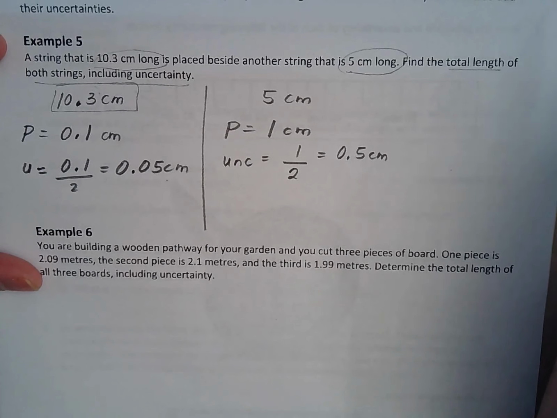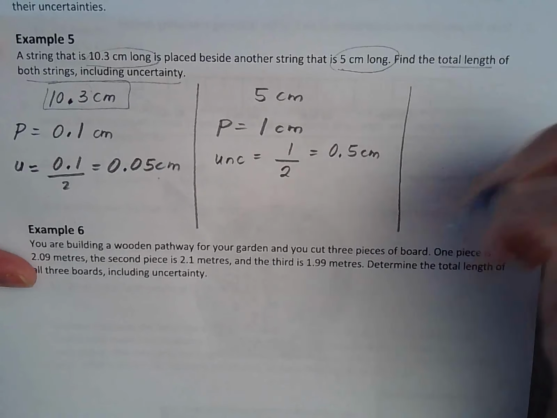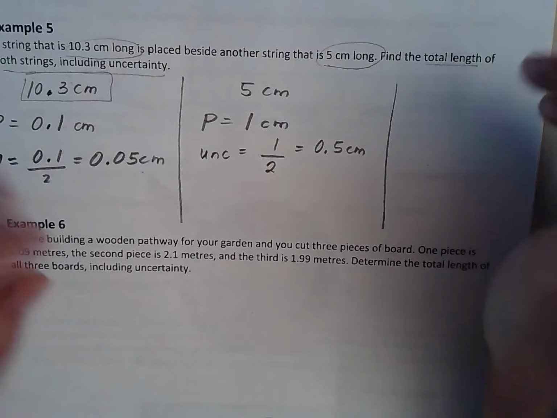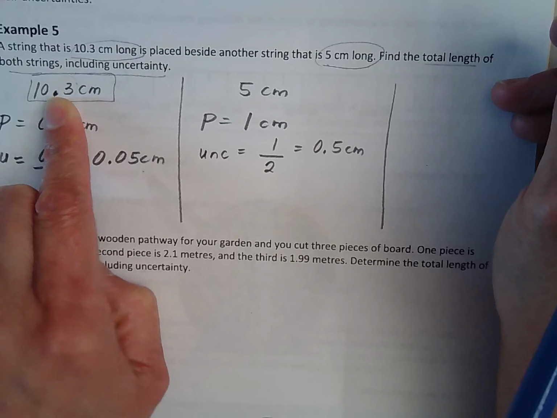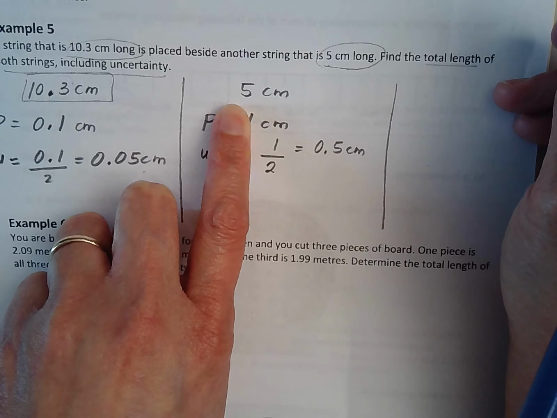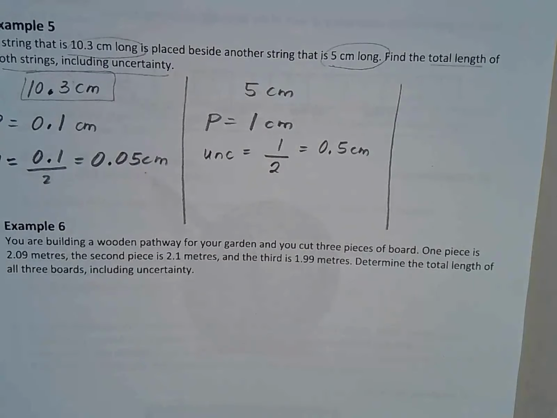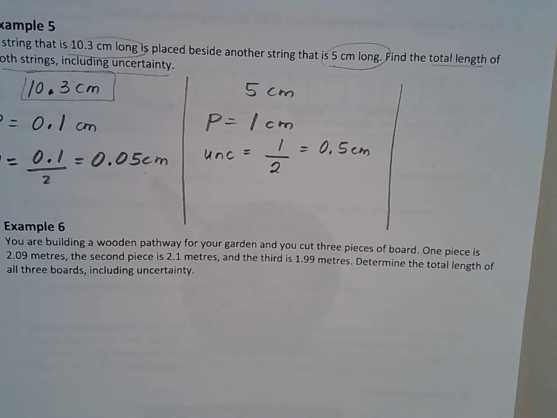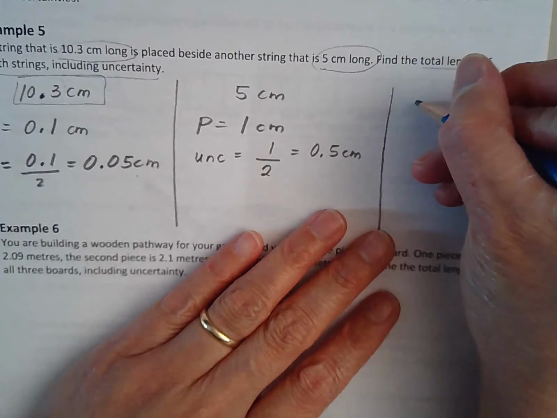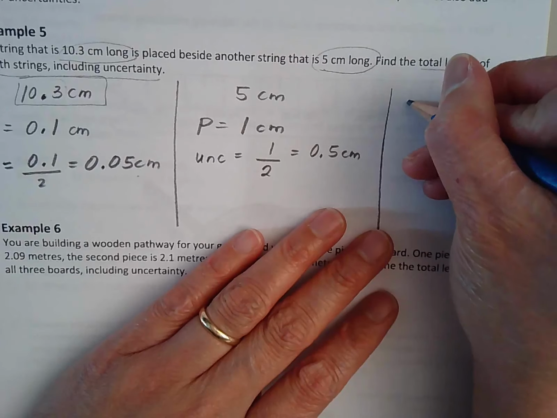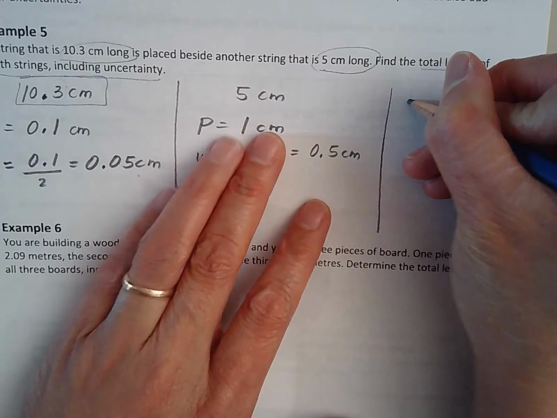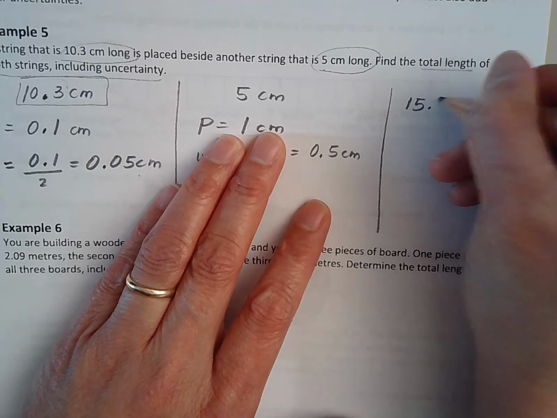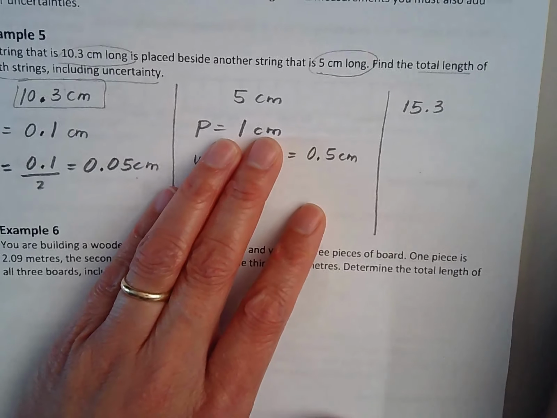centimeters. Okay. Let's add them together. So you got the 10.3 and the 5 centimeters. If we add those two strings together, it should add up to 15.3 centimeter length, right? So 10.3 and 5, that's going to give us 15.3 centimeter length.